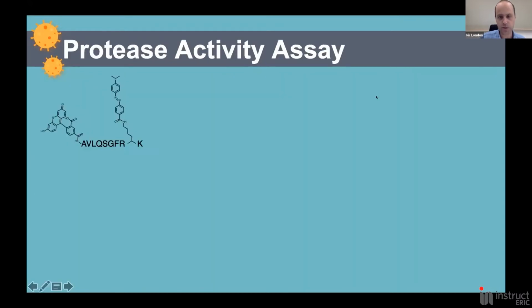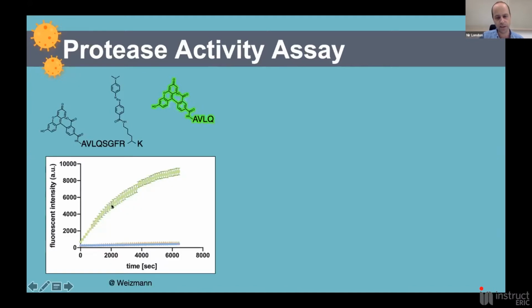So just to show you the assays we're using. Here at Weizmann, we're using a fluorescence-based assay. This is a substrate peptide for the protease, which has fluorescein and a quencher. Once the protease cleaves the peptide, the fluorescein starts to fluoresce. You can see here how an uninhibited enzyme looks, and this is how it looks with an inhibitor.